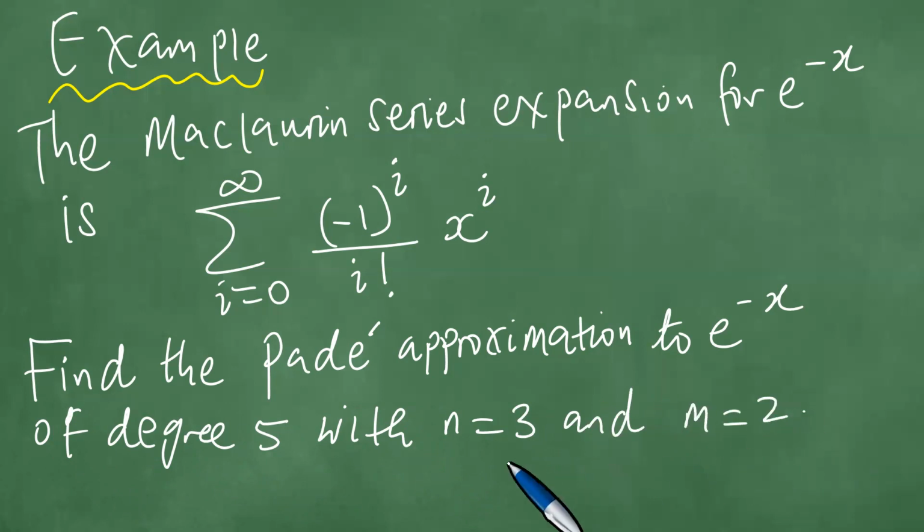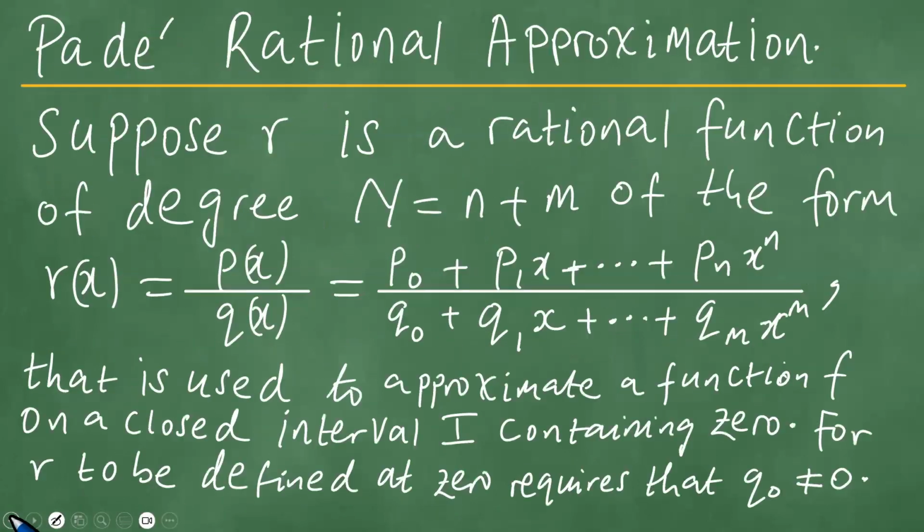So it is of degree 5, but now the question is clear on the fact that n equals 3 and m equals 2. So n is the degree of the polynomial in the numerator, and m is the degree of the polynomial in the denominator.